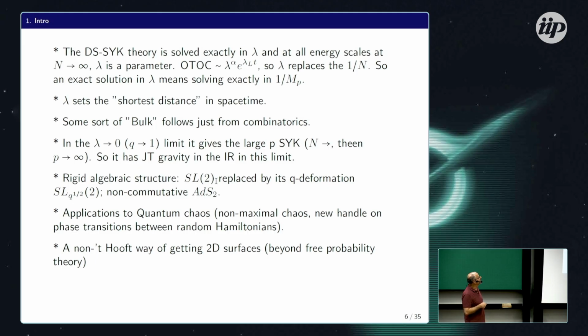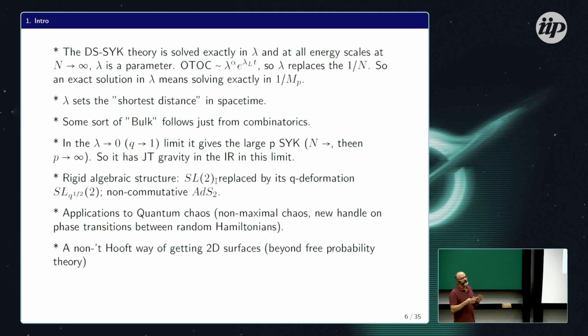So lambda replaces 1 over M Planck, and if we solve for all values of lambda, it means that we essentially solve exactly in M Planck. One needs to understand the bulk better to see whether that's a correct statement or not. But definitely lambda sets a shortest distance in space-time. So lambda times the AdS radius, if I'm going down to the AdS regime, is the shortest distance that you can probe.